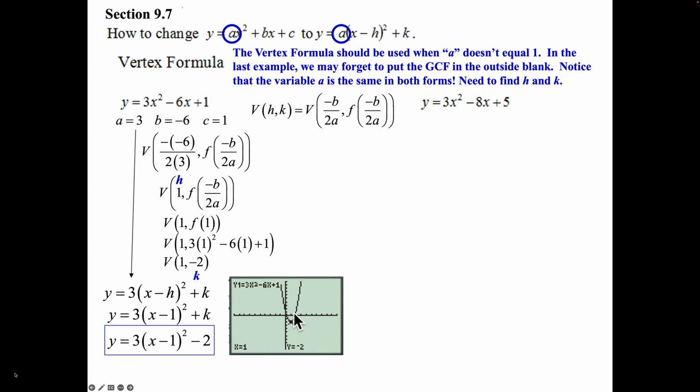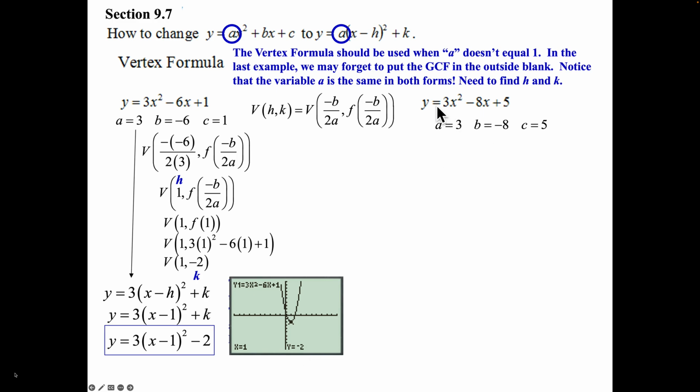So this is a great way to make sure that your vertex h and k are right by using your calculator. So again, you graph it, hit the trace button, x and y shows up on the bottom of your screen, and you type in the values.